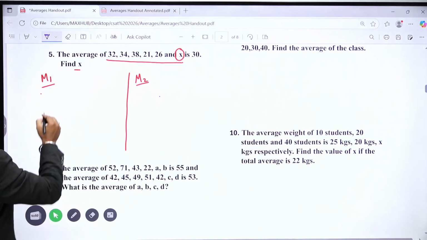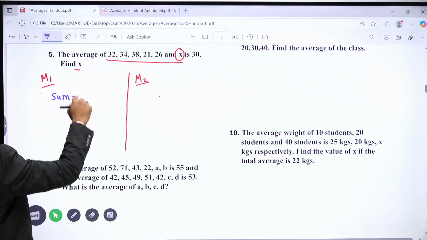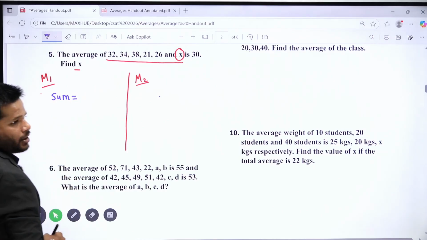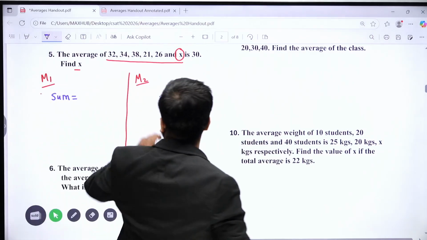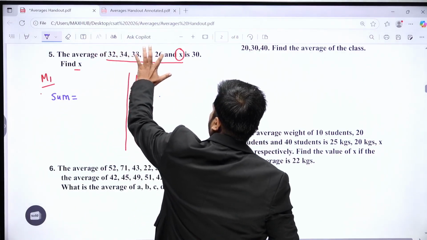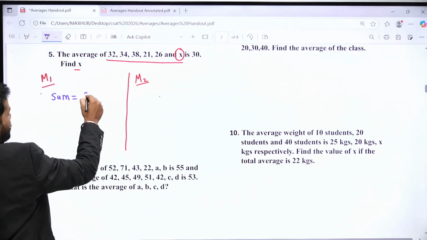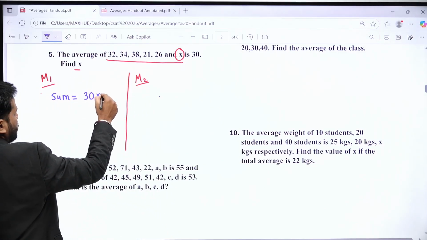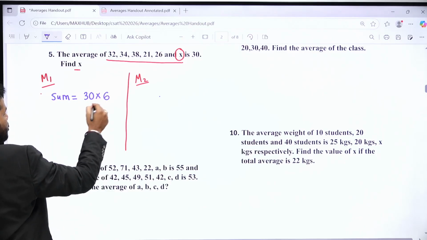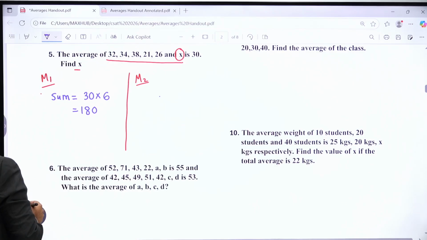I will take the sum is now equals to what? So the sum is average into the total number of terms, और total number counting में मेरे को गलतियां होता है, so be careful. 32, 1 2 3 4 5 और ये 6, and sum कितना हो जाएगा? Average कितना है सर? Average is 30. 30 into the total number of terms is 6, so 30 into 6 will become how much? 180. अगर ये हो गया 180, so what will happen now?